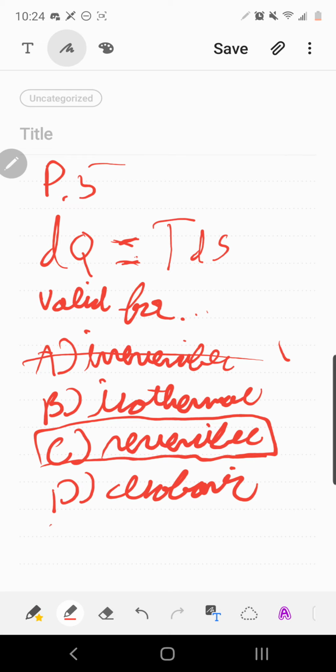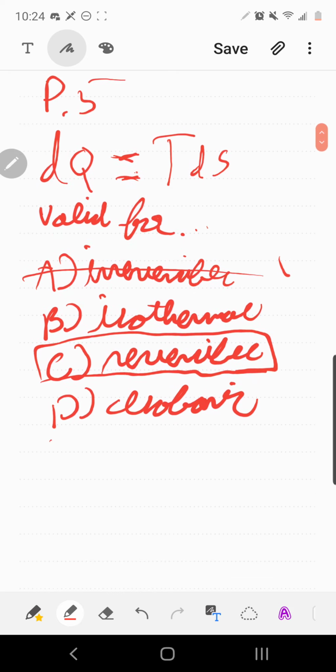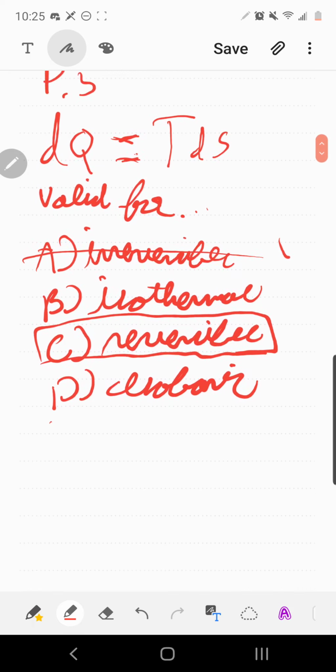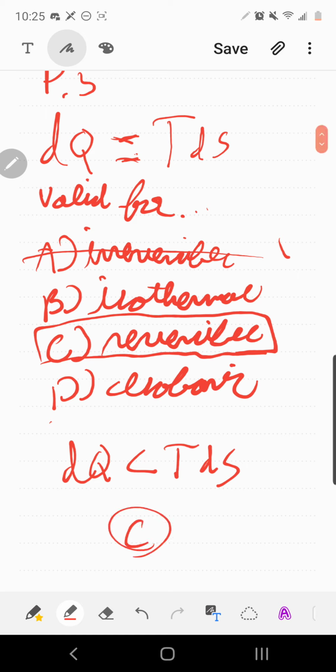Just to clarify, if this were not reversible, there would have to be a less than or greater than sign between the two, since a portion of one would be greater than the other, or vice versa. So we can show our answer to be C again.